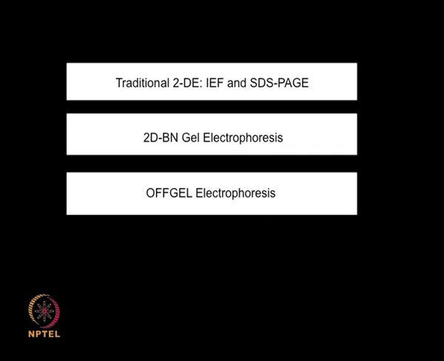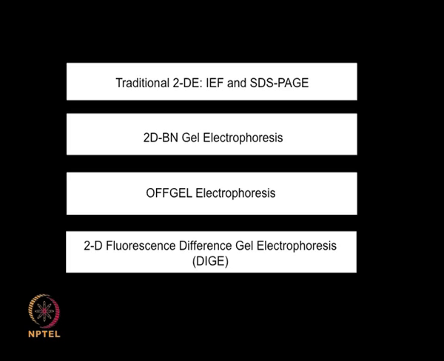Off-gel electrophoresis is another new technology introduced by Agilent, which we will talk about briefly in this lecture. Then 2D fluorescence difference gel electrophoresis, or DIGE, will be covered in the following lecture.